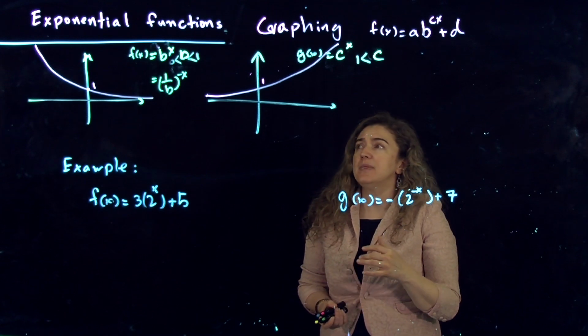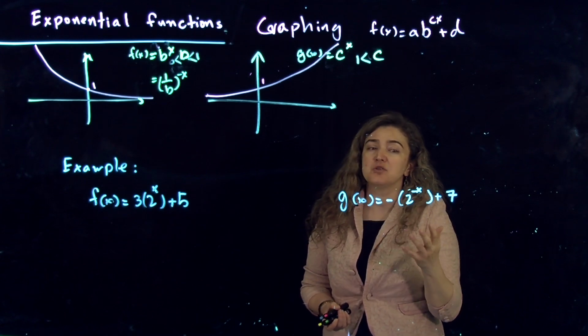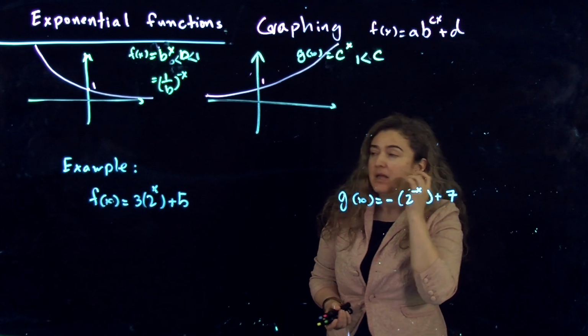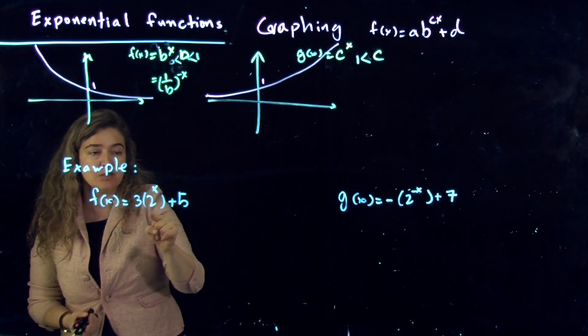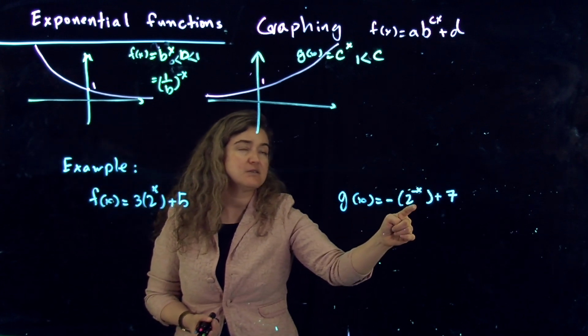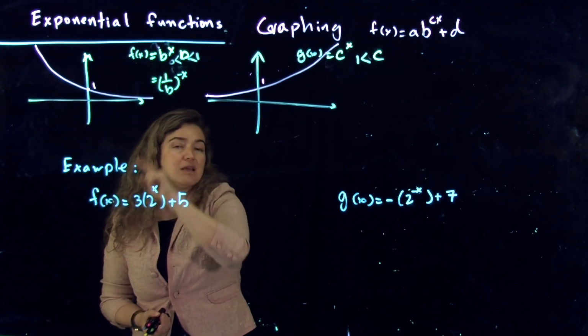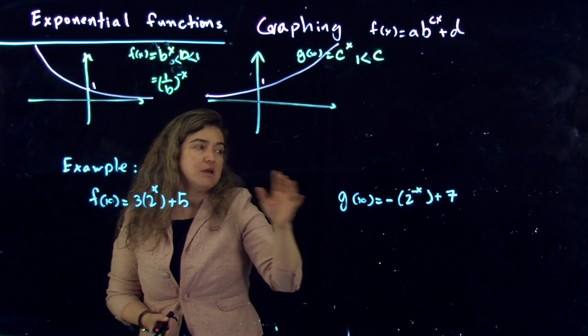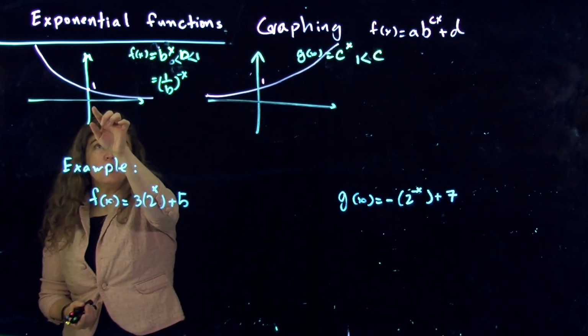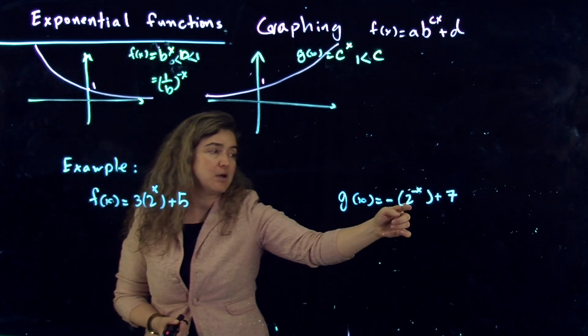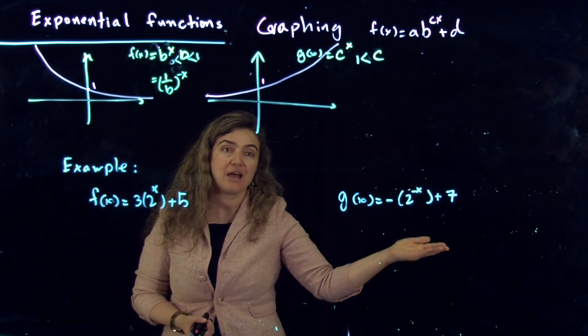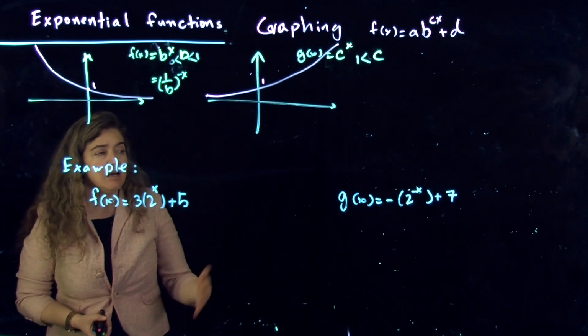Now, just remembering that, when I'm looking at this function, I'm expecting approximately this one, because it's 2 to the power x. When I'm looking at this function, I'm expecting approximately this one, because this is the decay one, because 2 to the power negative x means 1/2 to the power x.